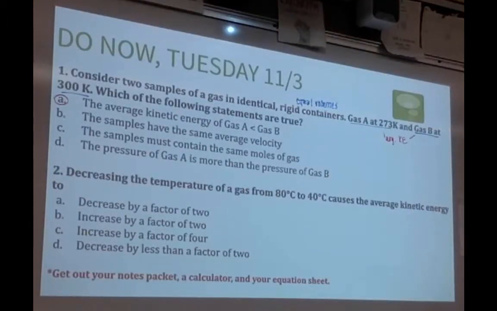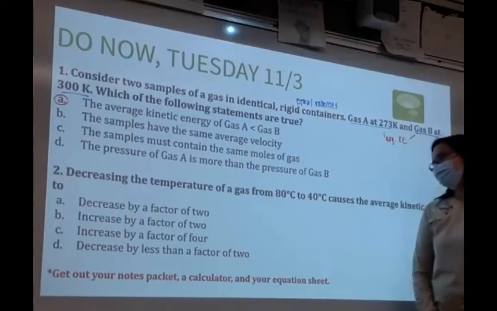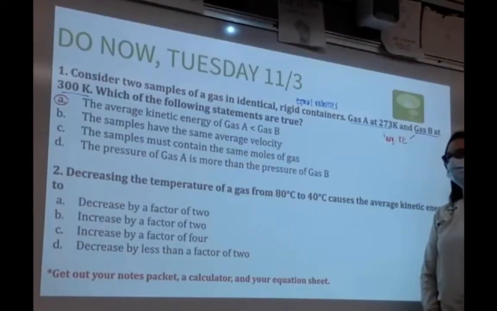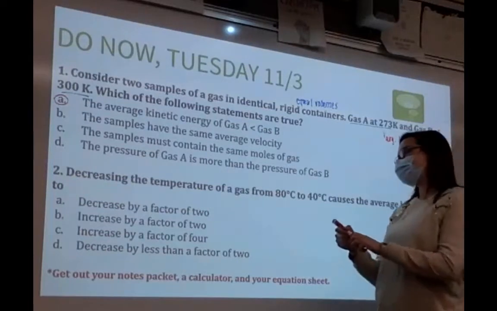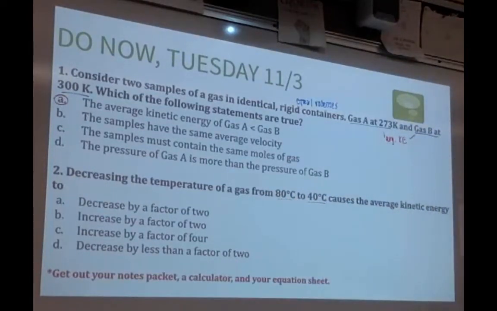Number 2, decreasing the temperature of a gas from 80 degrees to 40 degrees causes the average kinetic energy to, and then it gives us 4 choices. Now, it is kind of supposed to be a trick question, but this question is really so that we can focus on the temperatures.